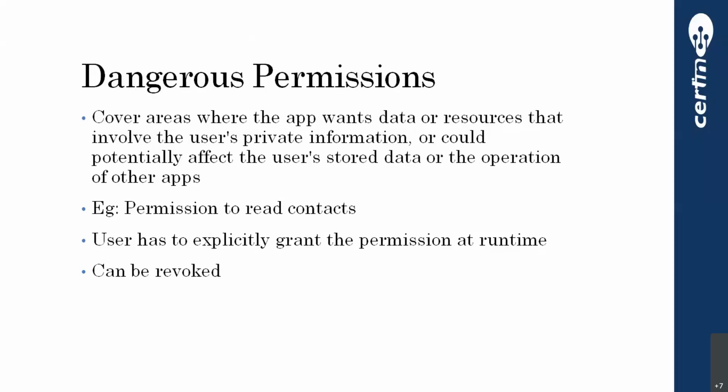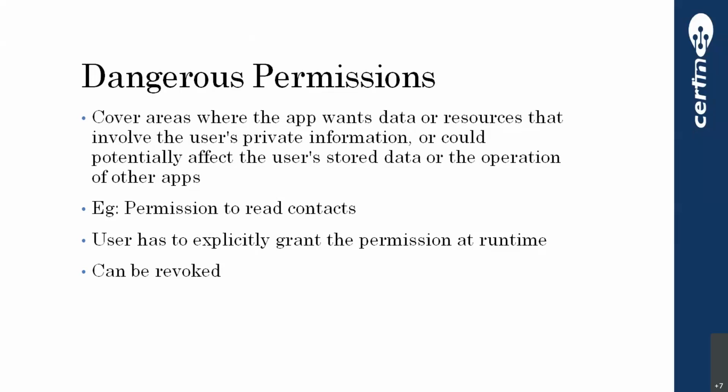These are different from normal permissions in two ways. Firstly, as we have already discussed, you need to explicitly grant each of these permissions at runtime. Normal permissions are automatically granted when you are installing the application, and dangerous permissions need to be granted only at runtime. And these permissions can be revoked as well.